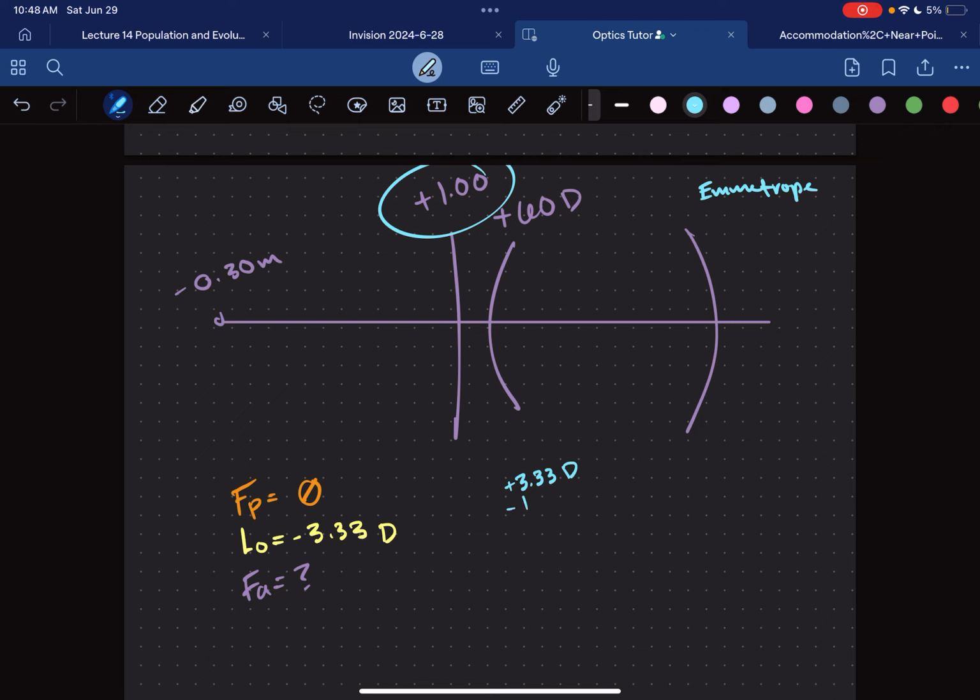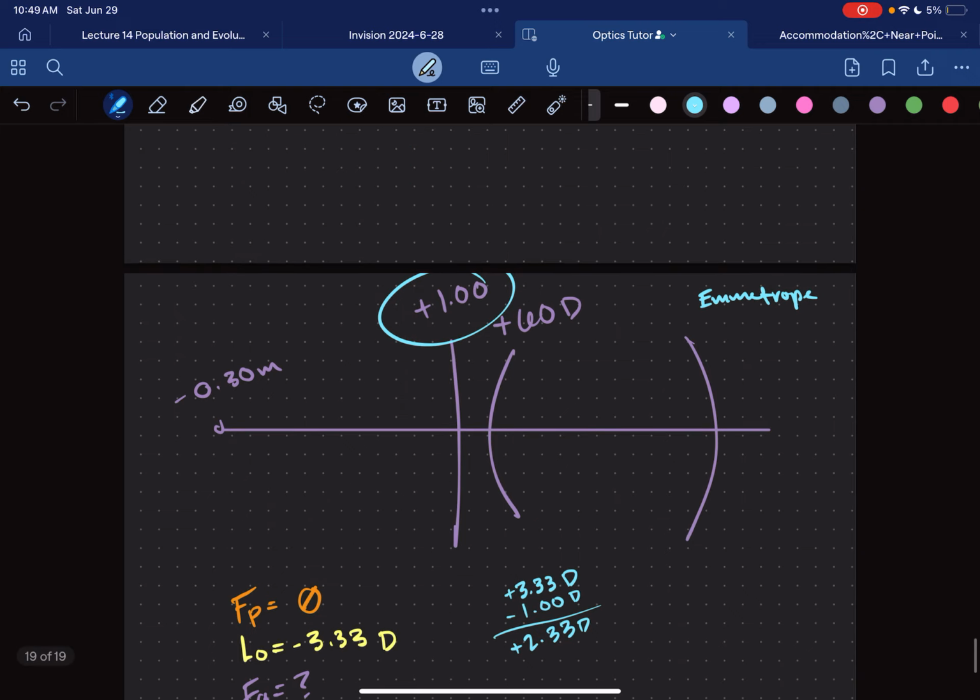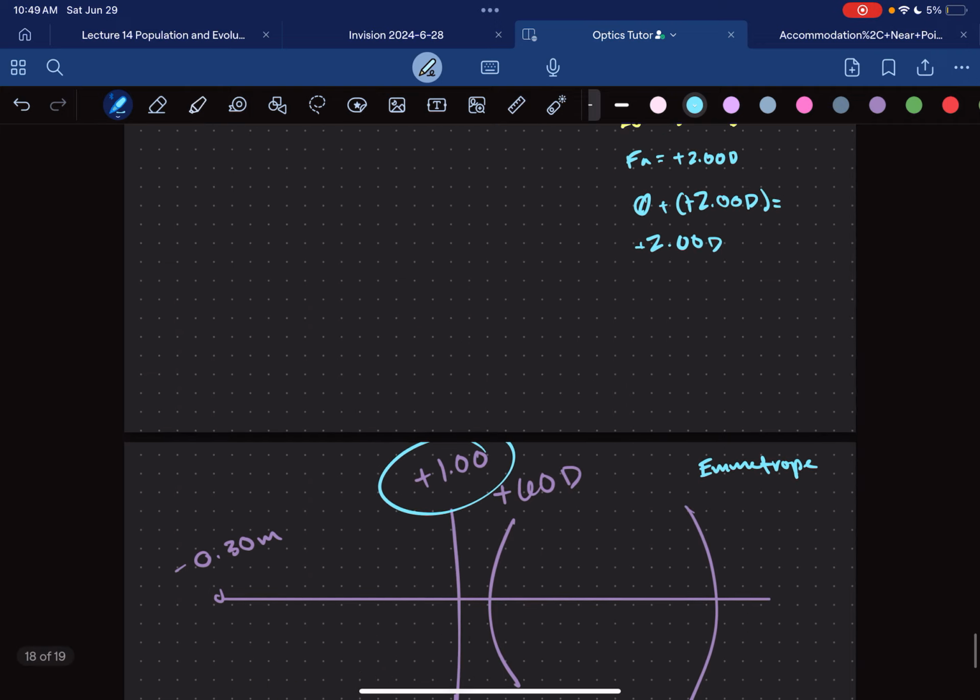And so I'll just -1 from that. And it'll just be 2.33 diopters. So if it was a +2 add that they have, then the patient would have to do 2 diopters less because the glasses are doing it for them. So anyways, there's a basic walkthrough of accommodation.